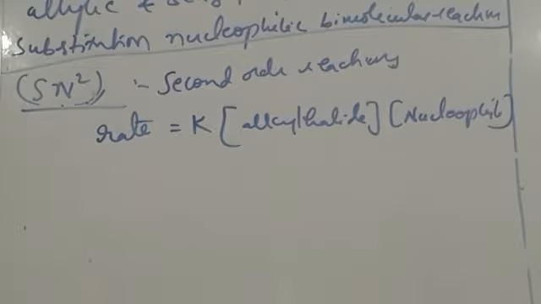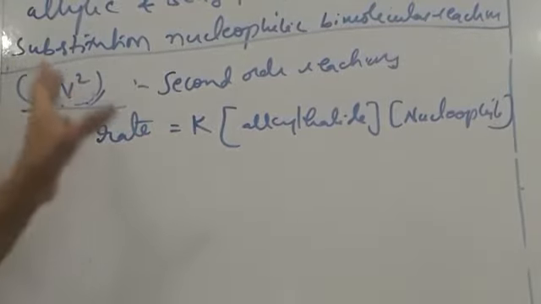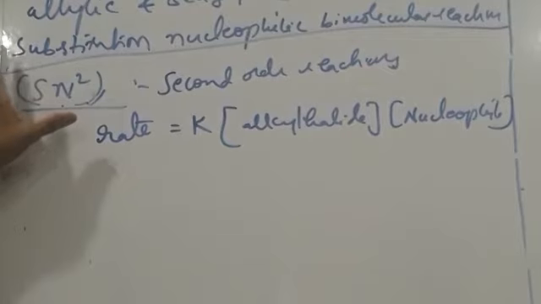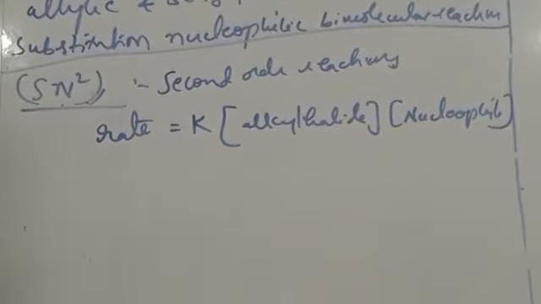Then coming to alkyl halides. Here primary alkyl halides are more favorable towards SN2 reactions. Primary alkyl halides, okay, more favorable towards the SN2 reactions.